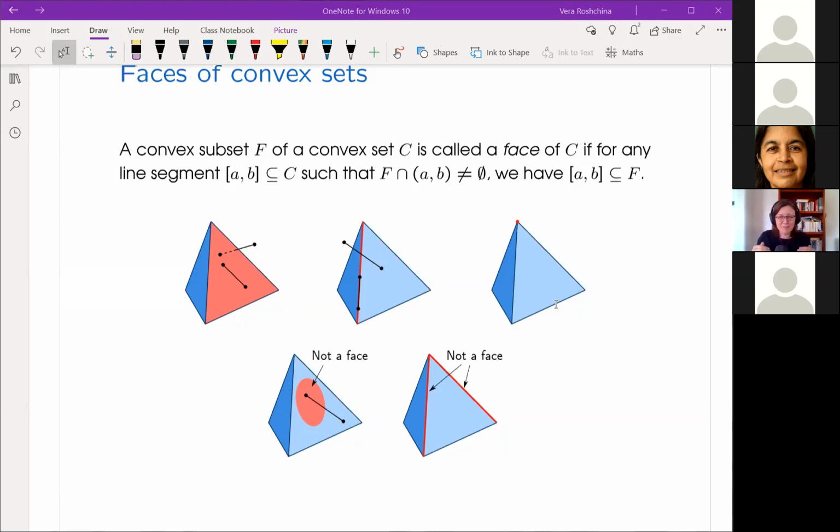So you can see on those pictures here, which may or may not be confusing or self-explanatory, that if I take, say, a tetrahedron, then any facet of a tetrahedron, any 2-dimensional surface of a tetrahedron, is a face.